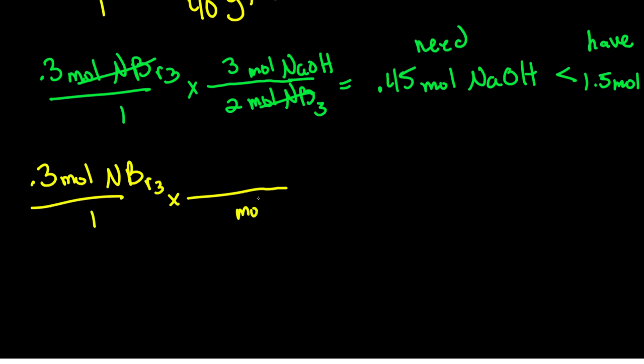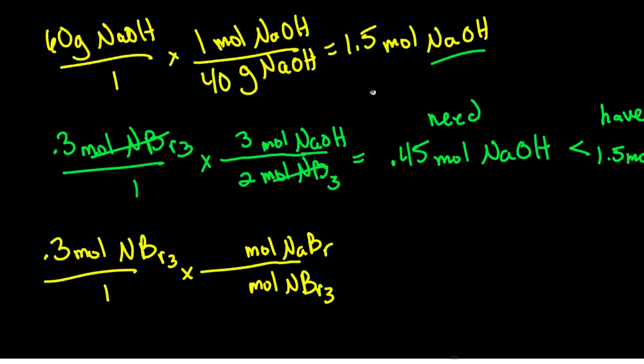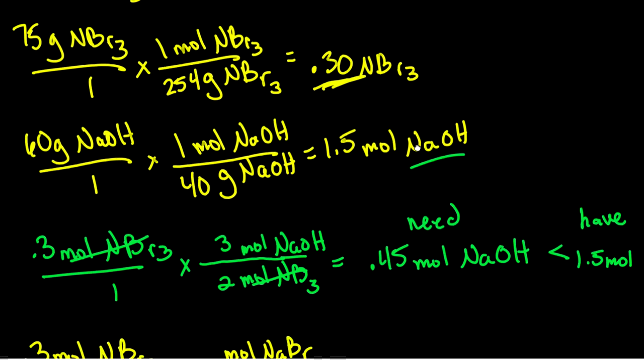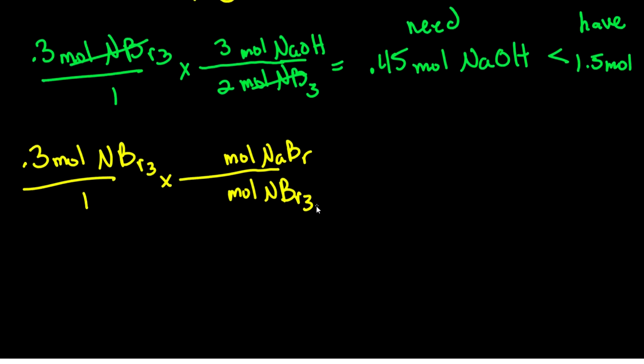So moles of nitrogen tribromide go on bottom again. Moles of sodium bromide go on top. Need some values there. So let's go back to our balanced equation. So there's 2 nitrogens for every 3 sodiums.